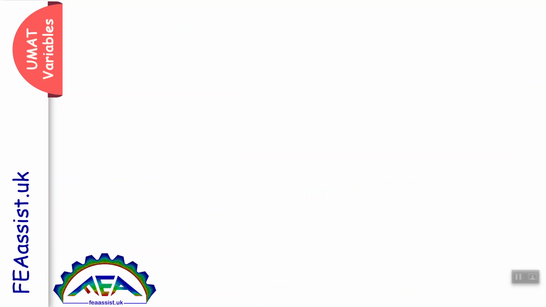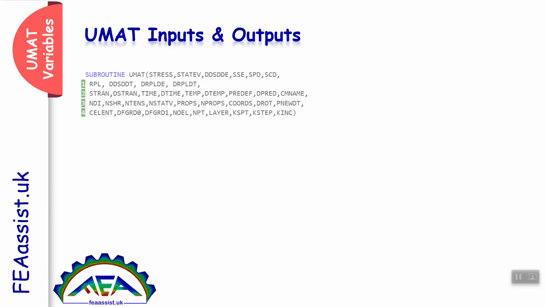The next important thing about any subroutine, especially UMAT, is UMAT inputs and outputs. UMAT is a machine: it accepts some inputs, processes the inputs, and exports them as outputs. UMAT has some variables: stress, strain, DDSDDE, and some of the variables you can see here.